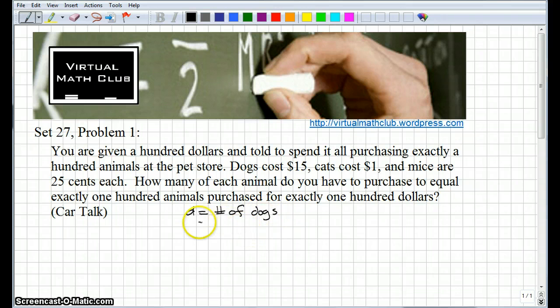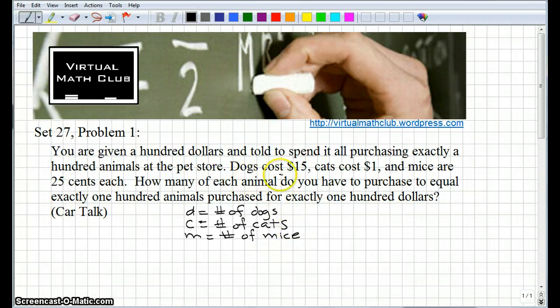And let's say C is equal to the number of cats, and let's make M equal the number of mice, okay?